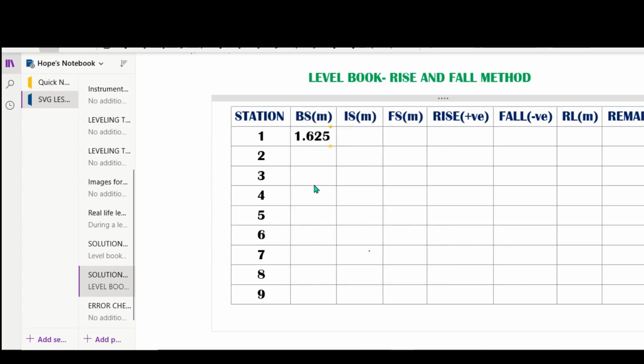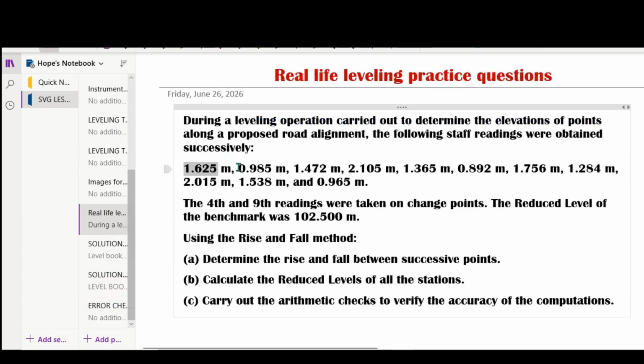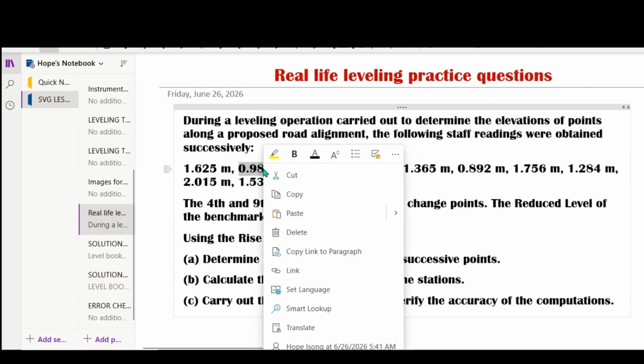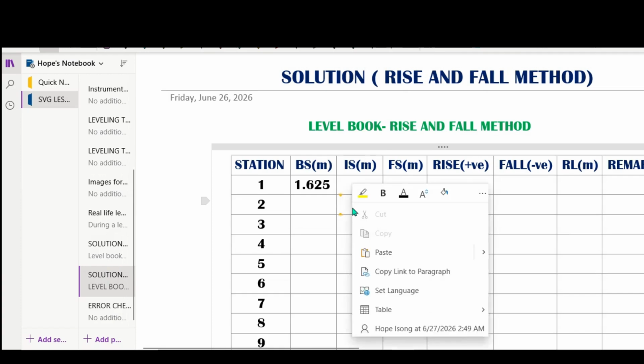This is our first reading. The next reading is our intermediate, and we're going to write it on the second row. That is our second station. This is the next reading here. Just copy it.